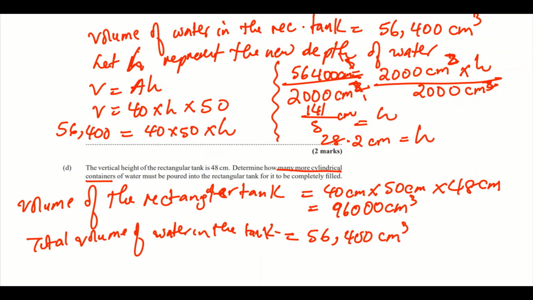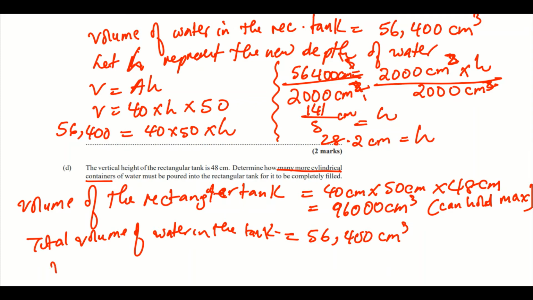What else do we need to know? So therefore, the rectangular tank can hold 96,000. That's the maximum it can hold, that's what it needs to be filled completely. The total volume of water in the tank already is 56,400.